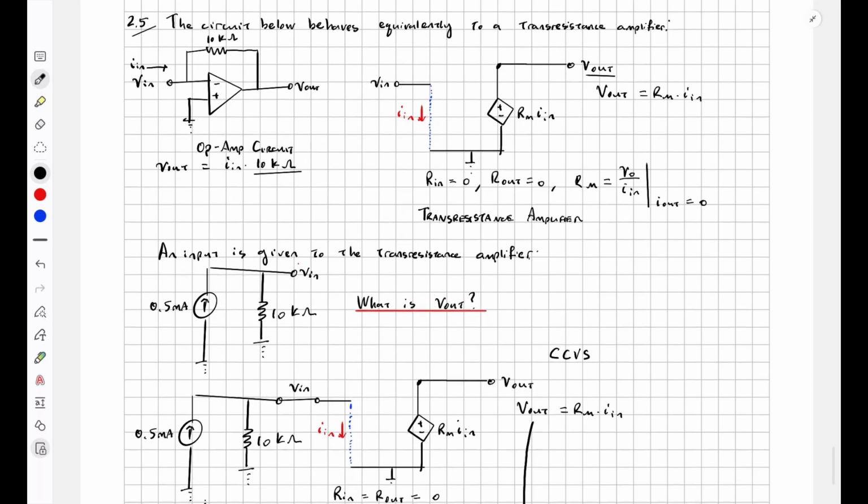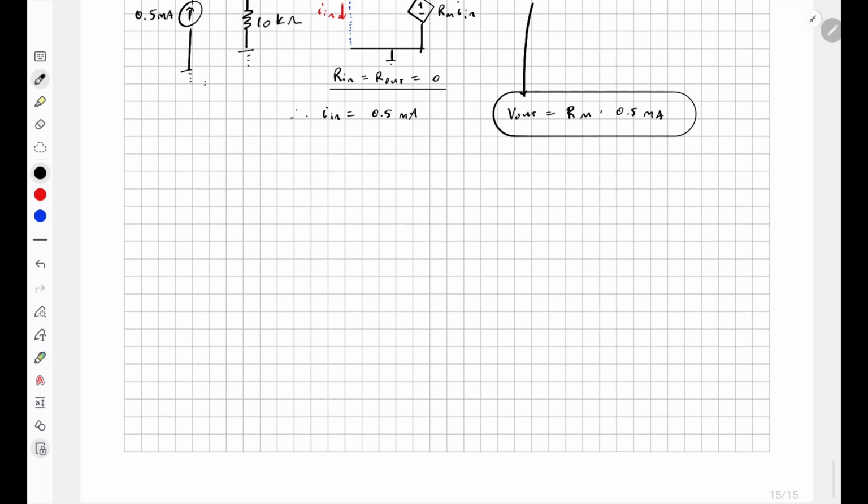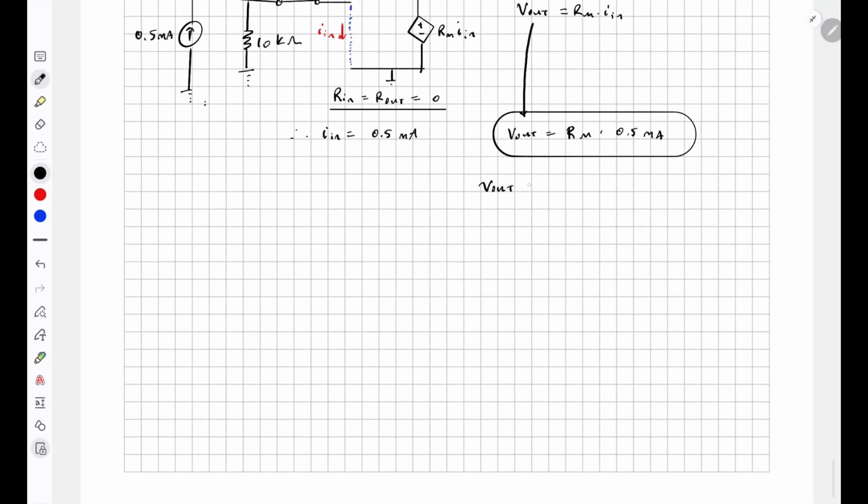So we have concluded that, because the left circuit, we are told, behaves equivalently to the right side circuit, this 10 kilo ohm resistor is Rm. So now we know V out is equal to Rm, which is 10 kilo ohms, multiplied by 0.5 milliamps. The kilo and the milli cancel out, so we are left with V out is 5 volts.